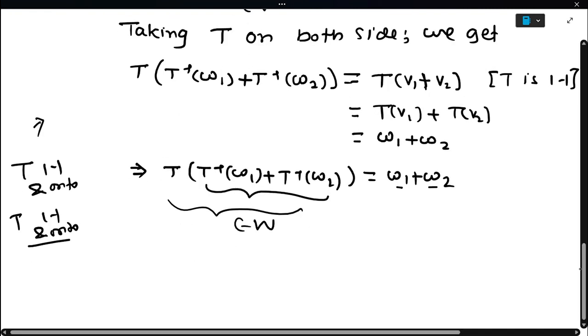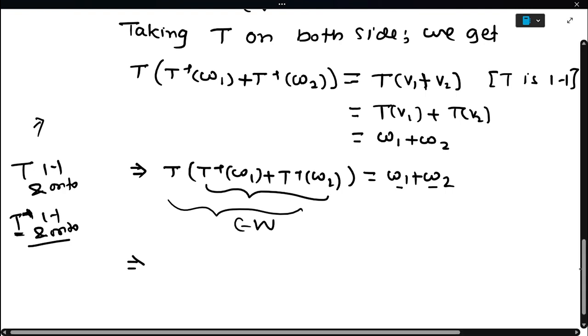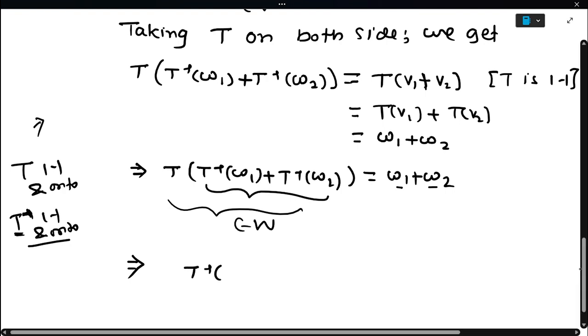So for any element of W, we can take the T inverse operation, the T inverse function. So what we will get here: T inverse of W1 plus T inverse of W2 equal to T inverse of W1 plus W2.